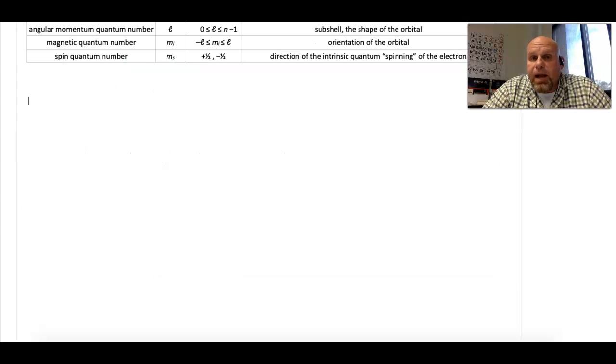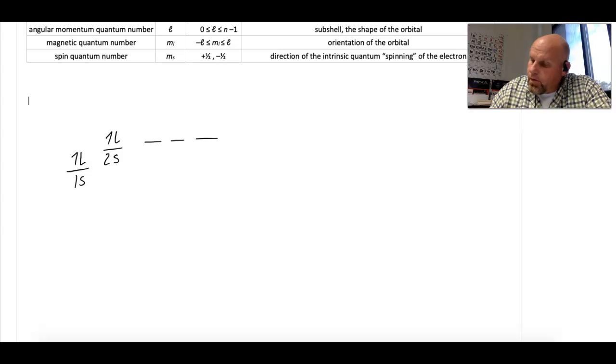Okay, so we'll get plenty of practice on this with our homework and classwork, but just to wrap it all up with a couple of examples before we get rolling here, hopefully this will help. So let's just pick an electron configuration here. Okay, so here's what I have.